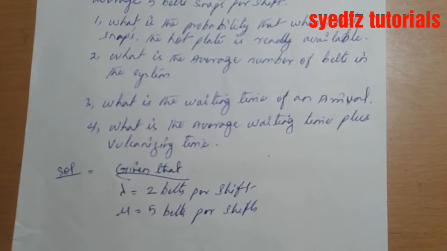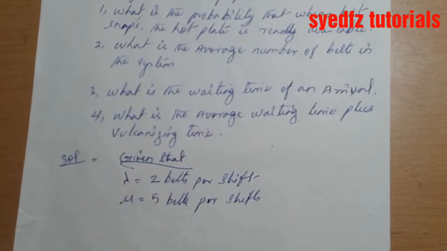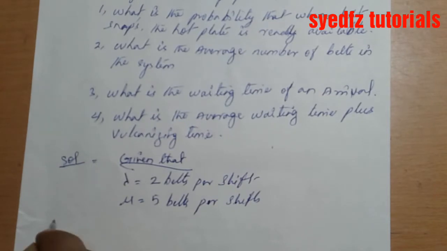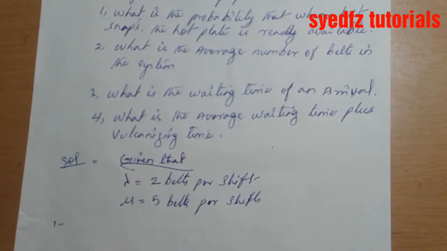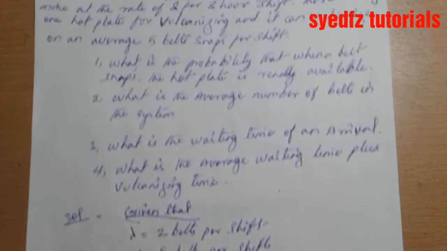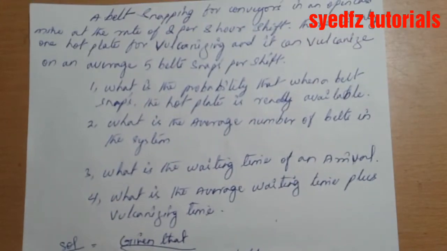Now what do we have to calculate first? The probability that when a belt snaps the hot plate is readily available.